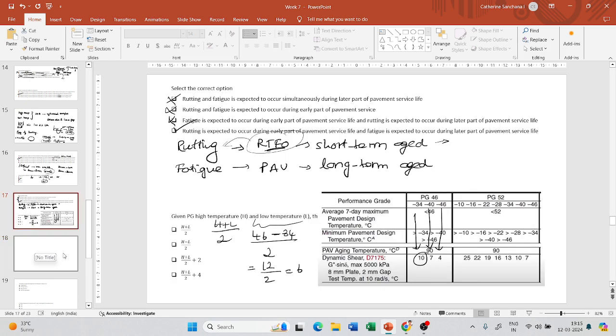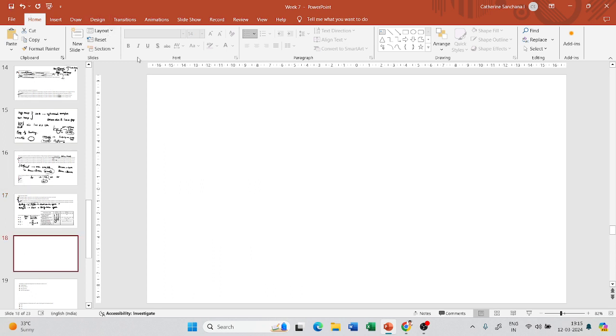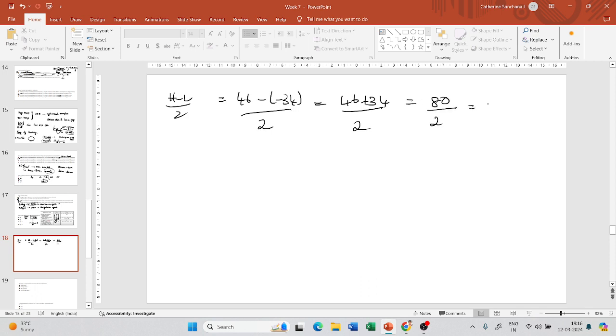Let us check the next one, which is H minus L by 2, which is 46 minus of minus 34 by 2, so this is going to be a very high value, which is going to be 80 by 2, 40. Obviously no, because your answer we saw is 10, right?